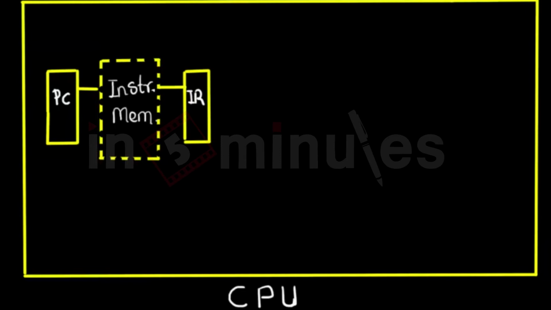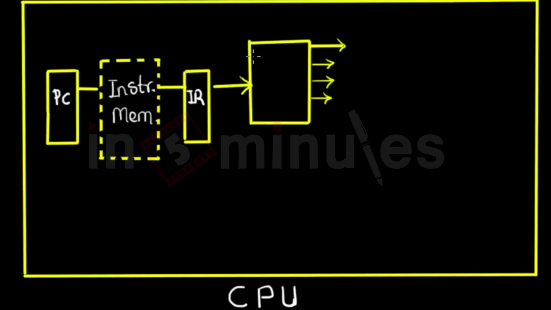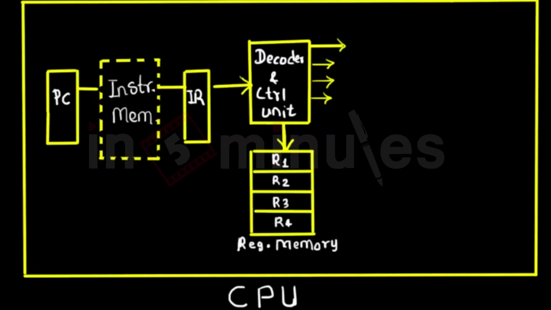After that, the instruction goes to the decode and control logic. So this is nothing but a decoder and control unit, which provides these control signals, as we can see. Now, another element that is present in this stage is the temporary registers.